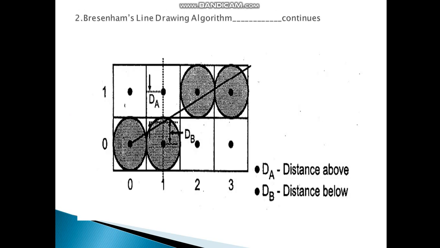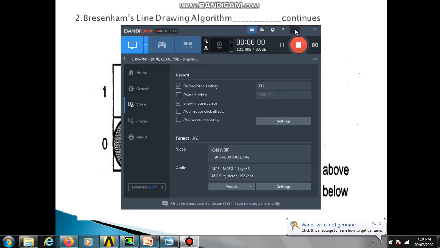Okay, in this picture, this is the starting point, this is the true line, and this is the pixel nearest to the true line.